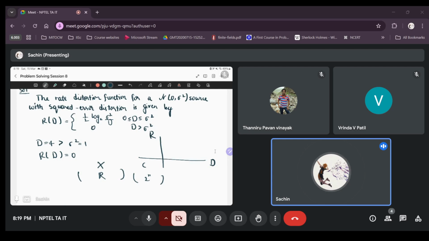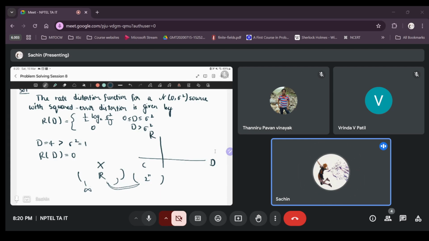So what happens is you are compressing, you are getting compression, right? This has infinite amount of bits of information.